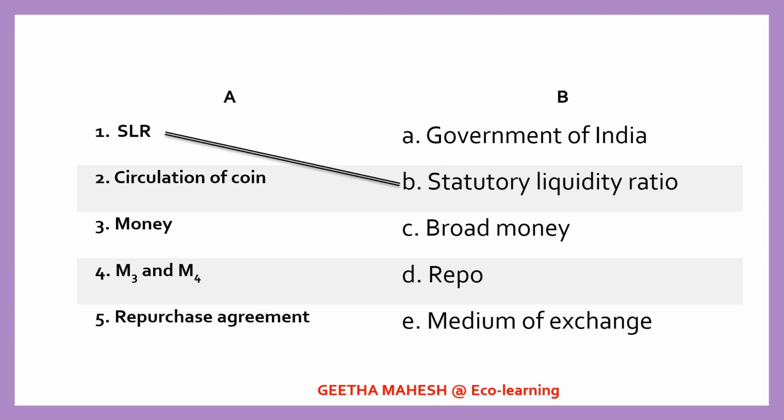Circulation of coins by Government of India. Money, the main function of money is medium of exchange. M3, M4 is a good example for broad money. Repurchase agreement we call repo.